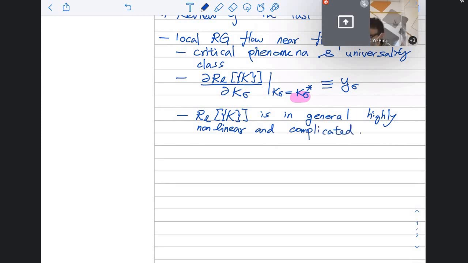But the key point is that we can still try to approximate RL.